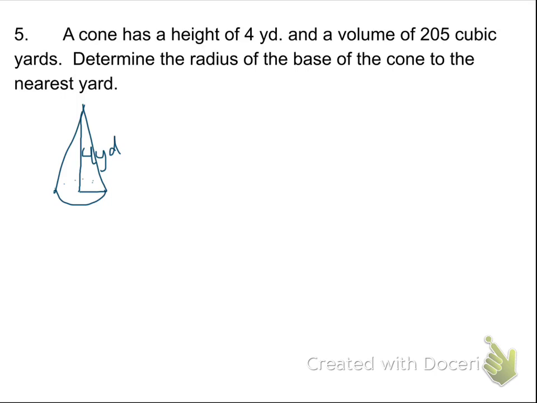This time we know the volume. So we can say it's pi r squared times h divided by 3, or area of the base times height, same thing. This time we're going to fill in what we know. So we know the volume is 205, so we're going to fill that in for the v. We do not know what the r is, that's what we are trying to find, but we do know that the height is 4. And then we have to divide it all by 3.